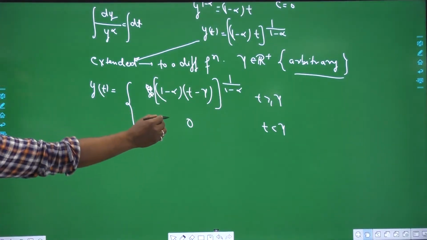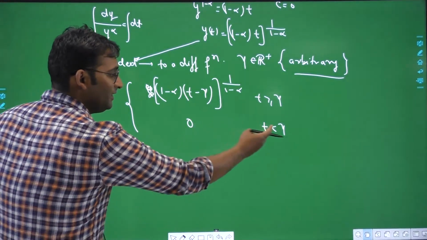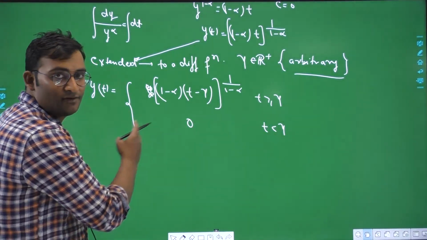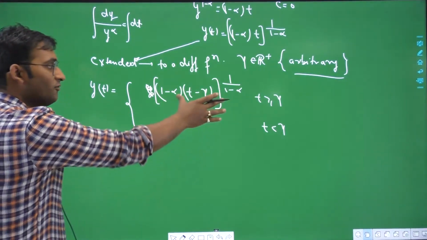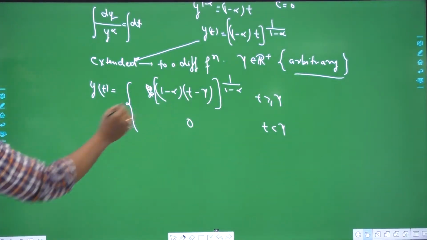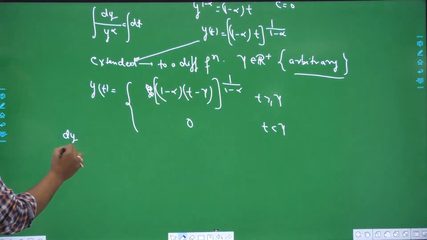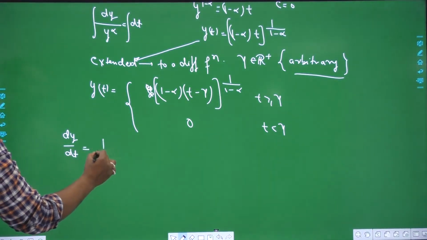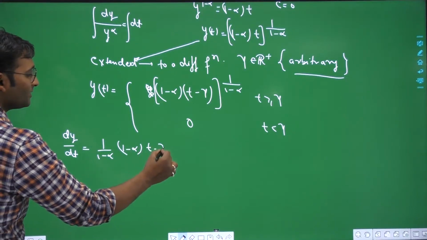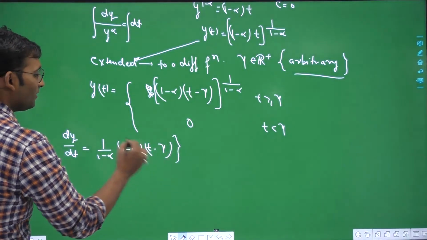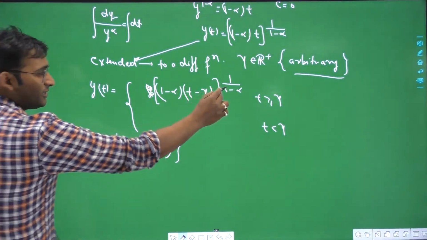So if t is less than gamma, then nothing to prove, because at t less than gamma you have 0. The derivative of 0 is 0, and 0 raised to power alpha is 0, no issues. What if t is greater than or equal to gamma? Then dy/dt will be equal to 1 upon (1 minus alpha), times (1 minus alpha), times ((1 minus alpha)(t minus gamma)) raised to power (1 minus alpha) minus 1.